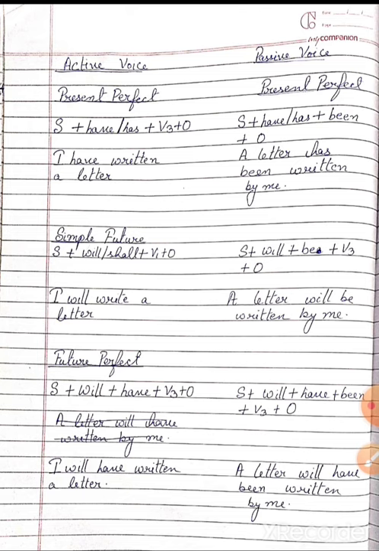These were the four tenses which we discussed in the half yearly examination, and this time in our second unit test, in our final examination syllabus, we have present perfect tense, simple future tense, and future perfect tense. These are the three remaining tenses which we need to discuss.